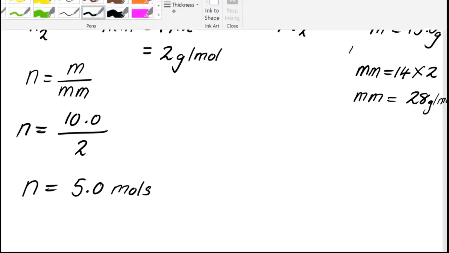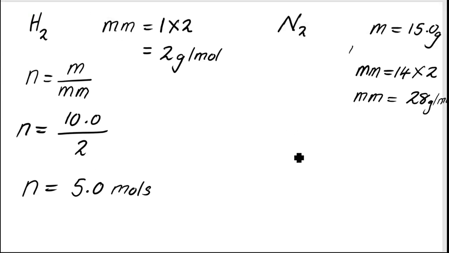Therefore, the number of moles is equal to mass over molar mass. So the mass is 15.0 over the molar mass of 28 grams per mole.